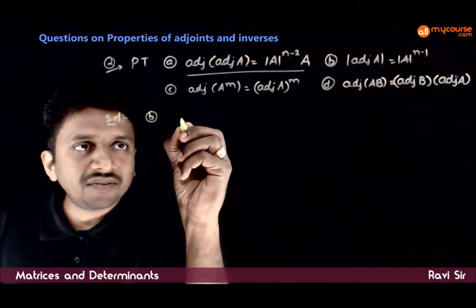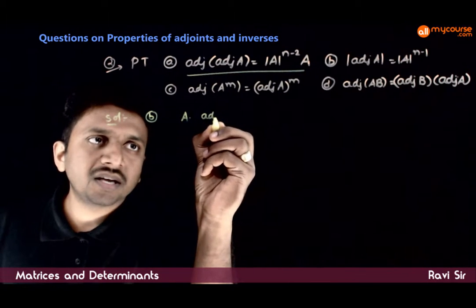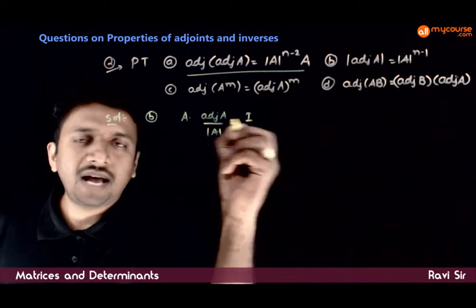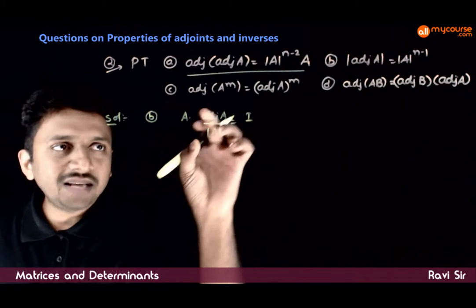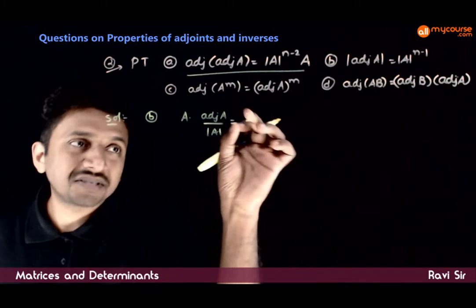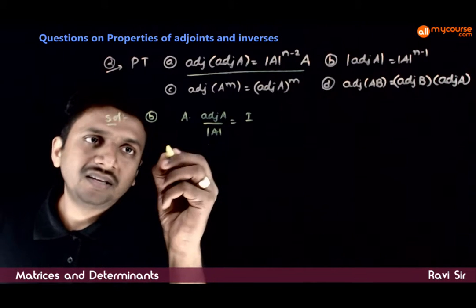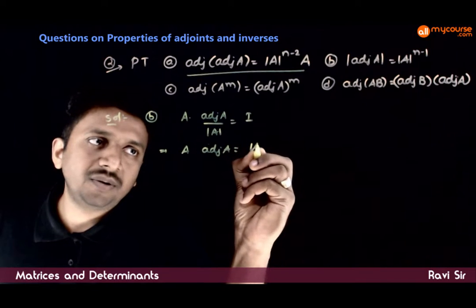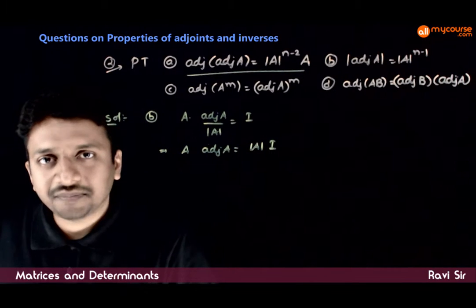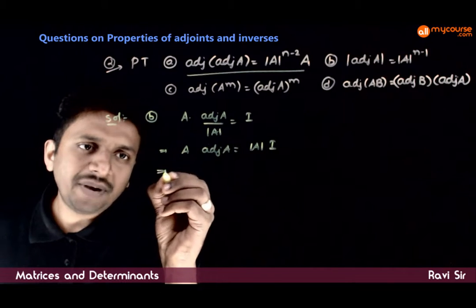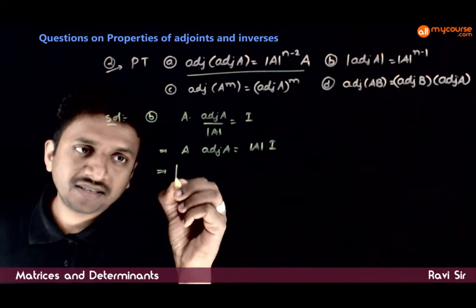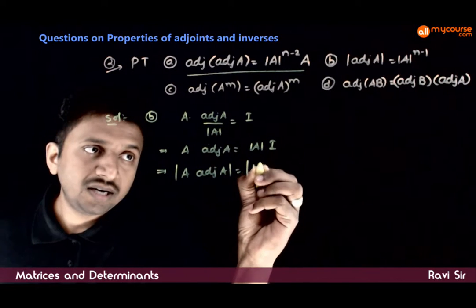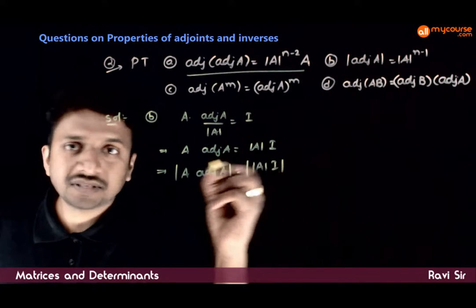So we can start with this: A times adjoint of A by det A is A times A inverse, which is equal to I. This implies A times adjoint of A is equal to det A times I. This implies if you apply det on both sides, det of A times adjoint of A is equal to det of det A times I.